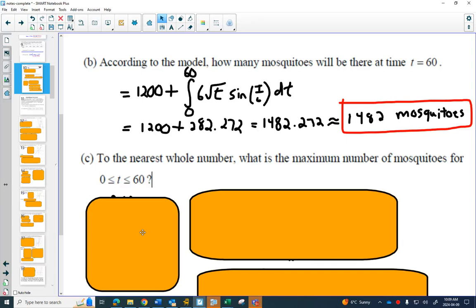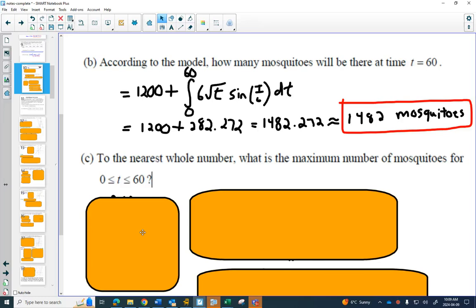These are favorite questions of the written part of the exam because they can connect lots of units. We have our accumulation of change, we have integrals here. The question before had curve sketching, increasing and decreasing, and now the maximum number, that is using the extreme value theorem.